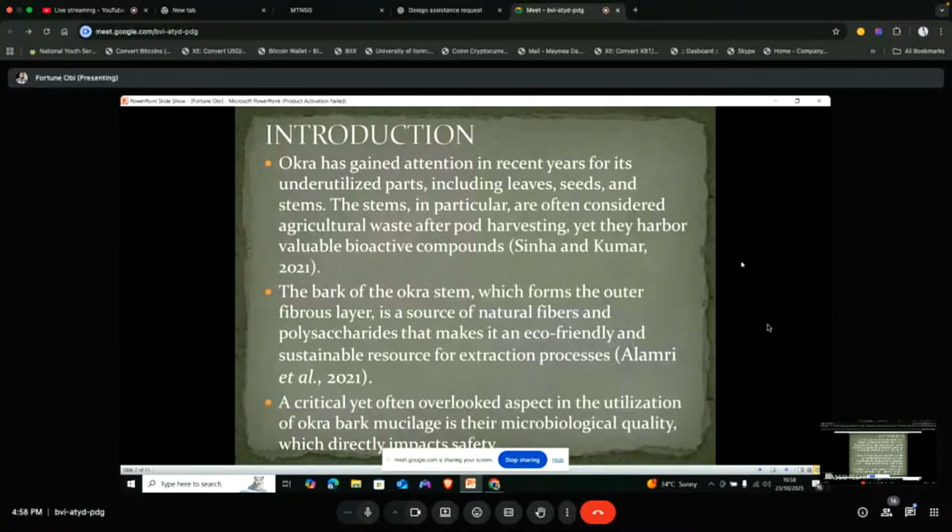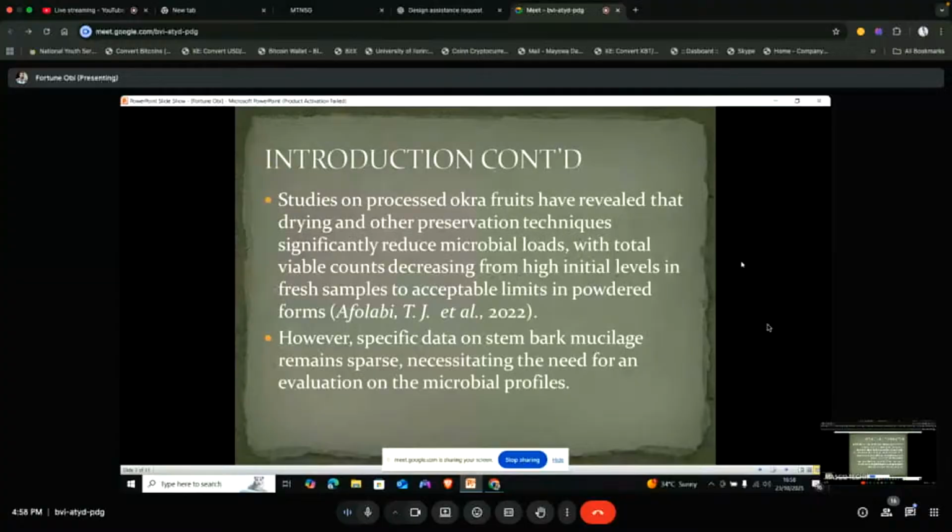With that, I don't think there is a need for you to go ahead with this work again. You have not stated the problem here. You said research has it that drying the stem reduces it to an acceptable level. So why are you doing the same work again?